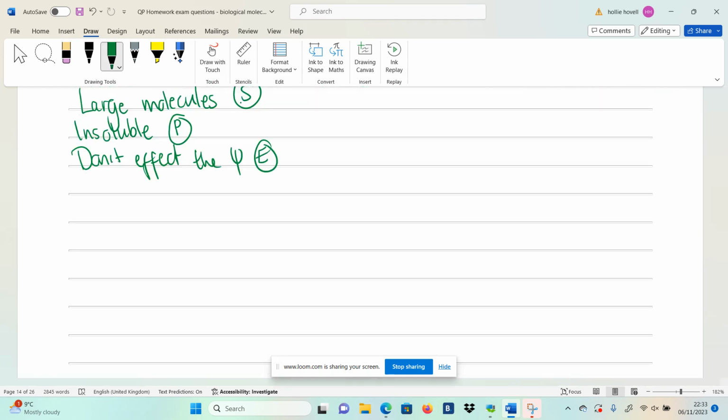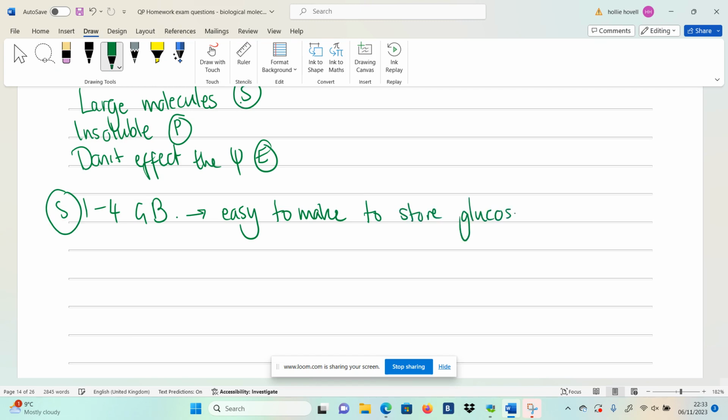You could say another thing about the structure. You could say that they've got glycosidic bonds, and the significance of that is that they're easy to make. So that's your structural point. Then you could say that they're easy to make, to store glucose, and equally they're easy to break.